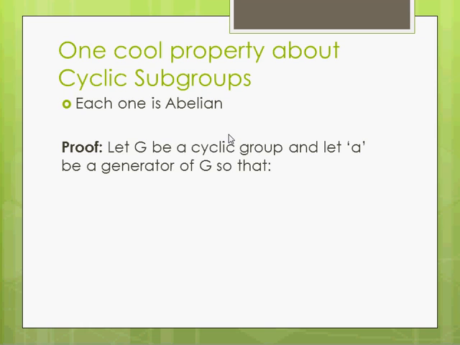Okay. So one cool property about cyclic subgroups, I think it's cool anyway, is that each one is abelian. And remember what abelian means. Abelian is commutative, right? So let's prove it. Let G be a cyclic group, and A is a generator of G. So that G is the group generated by A, which is A to the n for all n in the integers.